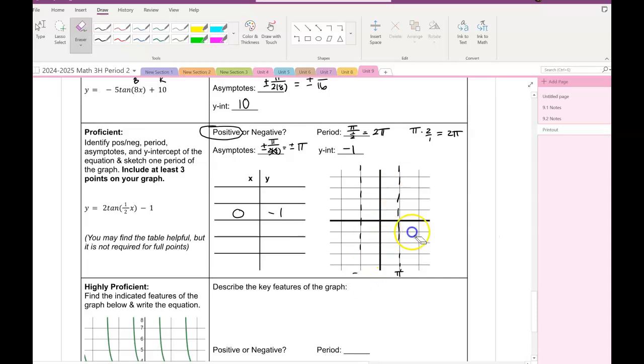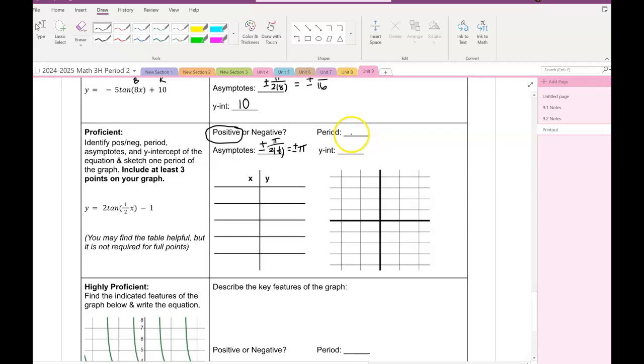Okay, ignore all this for right now because we're going to do that here. Okay, so it is a positive tangent function. Our asymptotes are going to be plus or minus pi over 2 times 1/2, which would just be plus or minus pi.